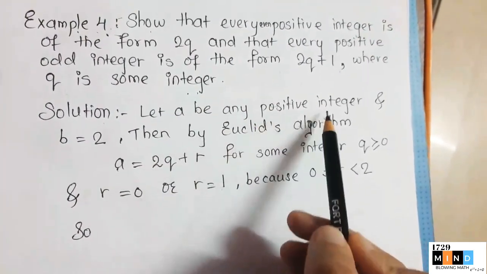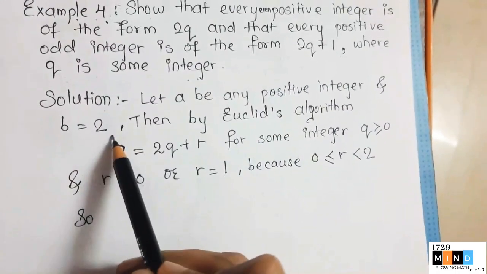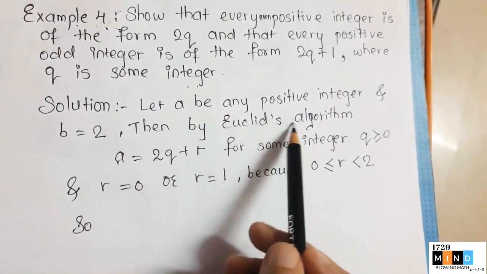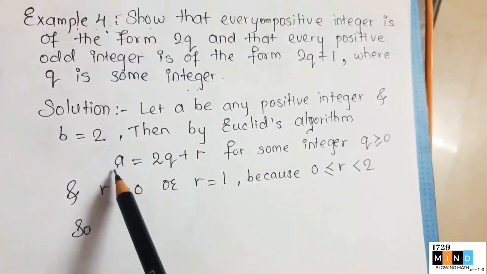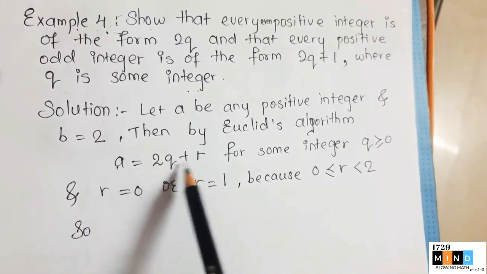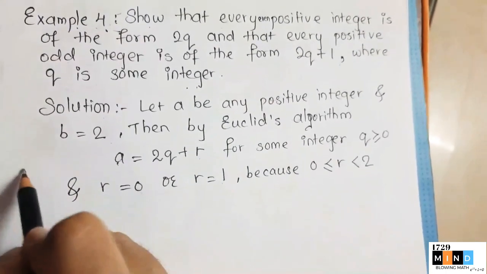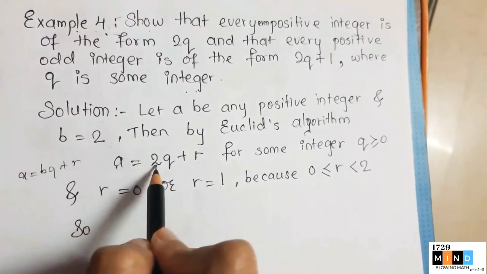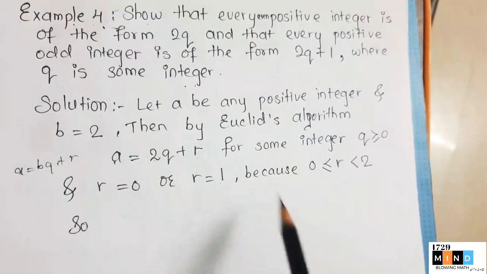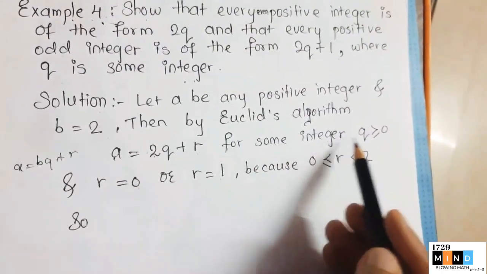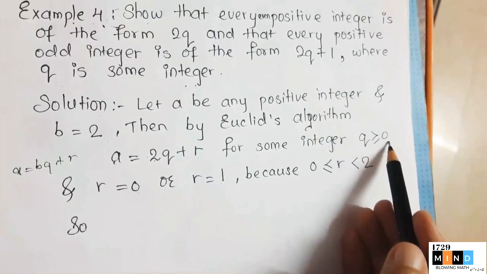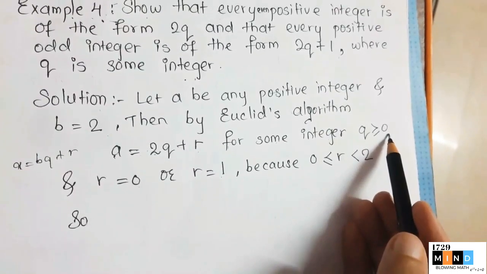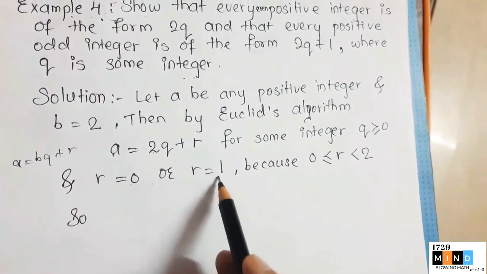Let a be any positive integer and b is equal to 2. Then according to Euclid's algorithm, a should be equal to 2q plus r, because we know that a is equal to bq plus r, where b is 2. So for some integer q greater than or equal to 0, r should be 0 or 1.